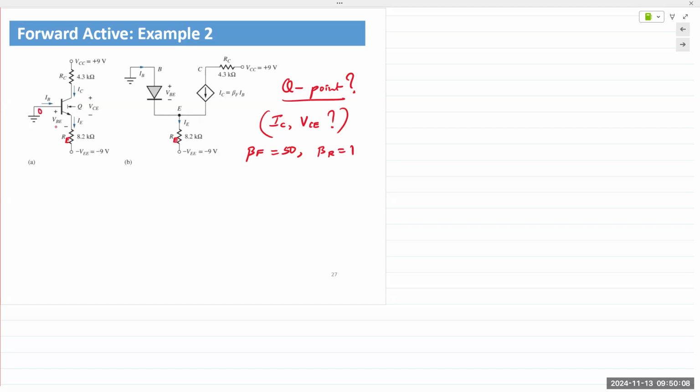Base is connected to 0 volts, and emitter is connected to negative voltage. And it's an NPN transistor. So the base is P-type, emitter is N-type, meaning the base emitter junction is it in forward bias or reverse bias?